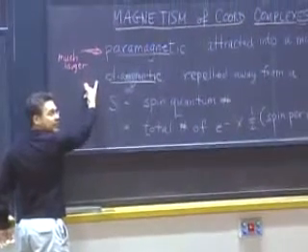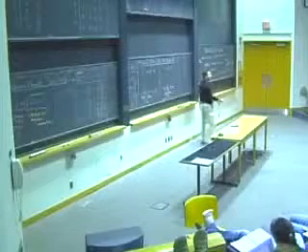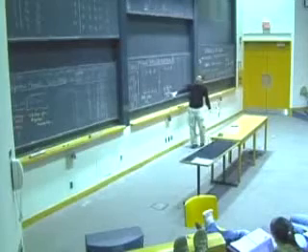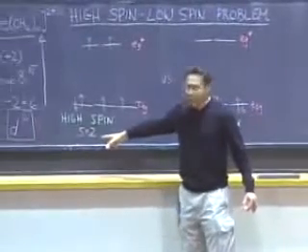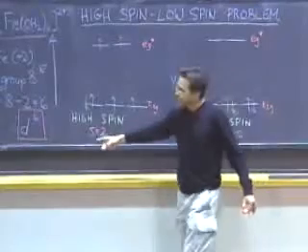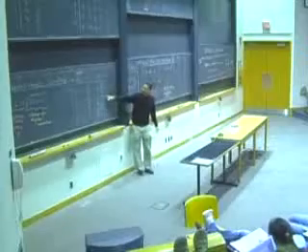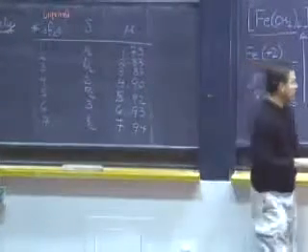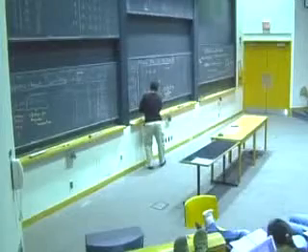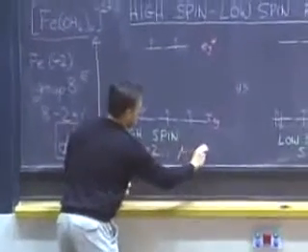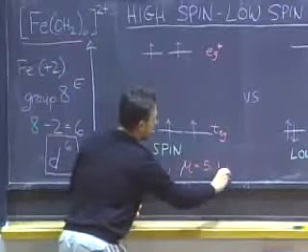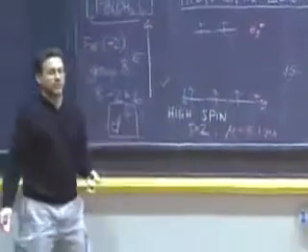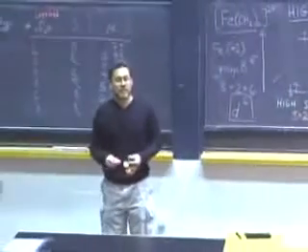It has no unpaired electrons to give it a magnetic moment according to the spin-only formula that we looked at over here. On the other hand, over here, we have an S equals 2 state that predicts a magnetic moment of 4.90 Bohr magnetons. And experimentally, mu was found for this system to be 5.1 Bohr magnetons. So we say this one turned out to be high spin.